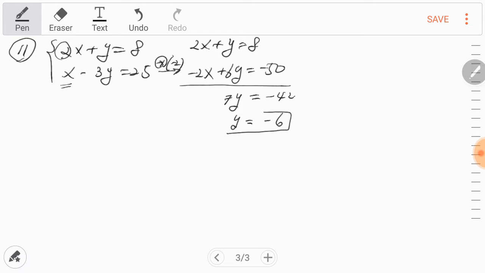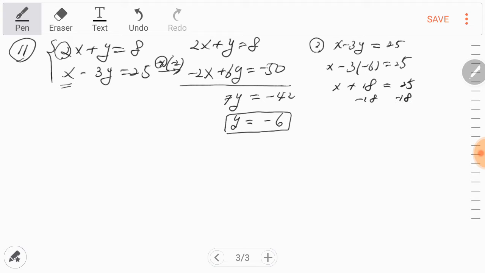And then we can find x from either the first equation or the second equation. Then from the second equation, we know the y value. So x minus 3 times, replace y with -6. Then x plus 18 is equal to 25, minus 18 each side.